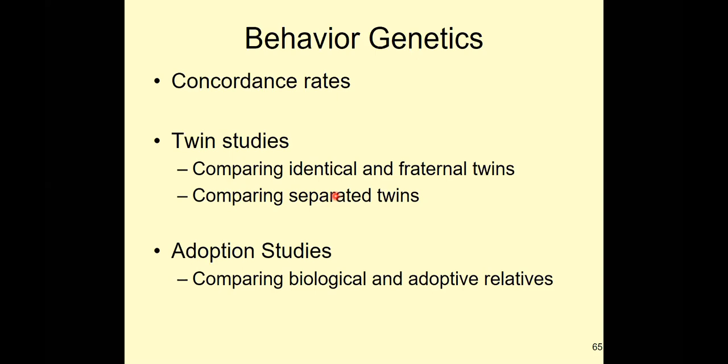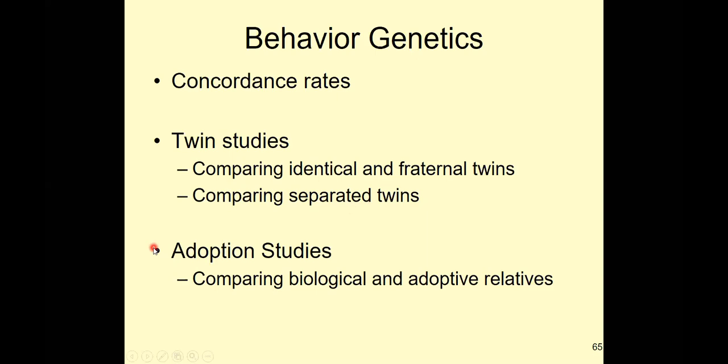If the identical twins who are separated are just as similar as those who grow up in the same household, we can say that kind of speaks more for genetics. If we find out that there is more difference in those twins that are separated than those that are raised in the same home, then that suggests that there's more environmental influence.